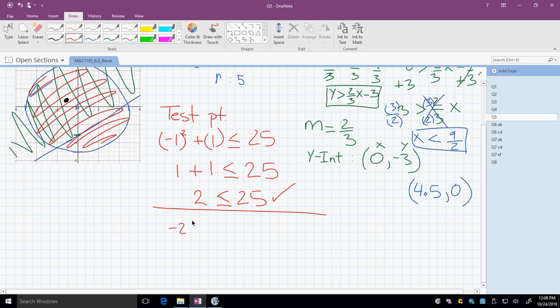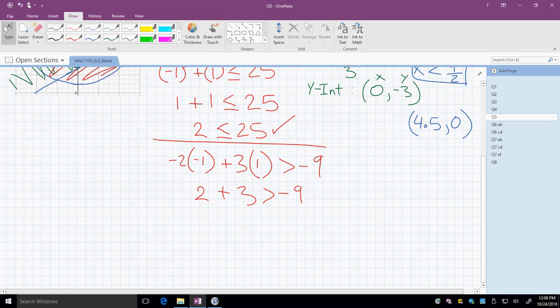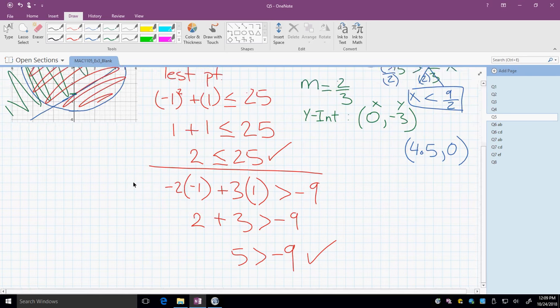So I have negative 2, negative 1, plus 3, and for the y we now substitute 1, greater than minus 9. So if we work this out, negative 2 times negative 1 is going to give me 2, plus 3 times 1 is 3, greater than negative 9. If we combine those, it's going to give me 5, greater than negative 9, which is true, that checks. So we did the shading correctly.